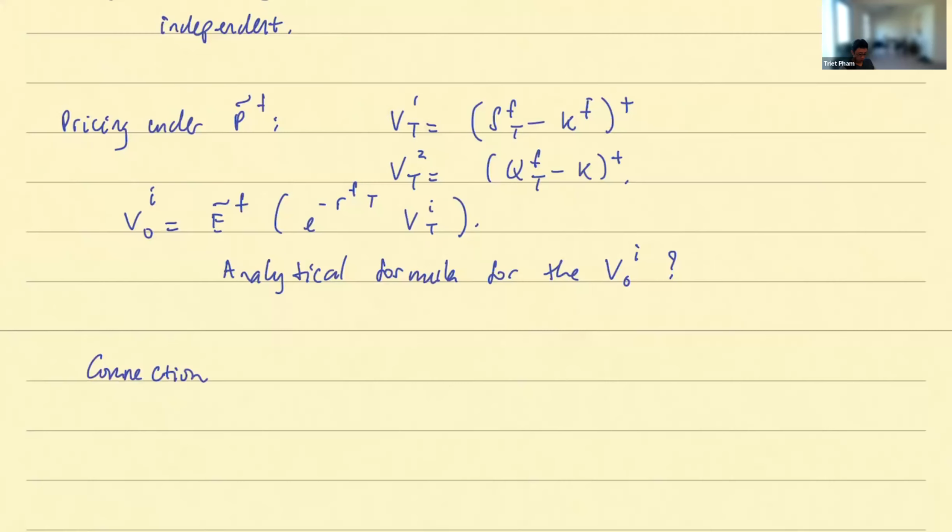In other words, what I want to say is you can just isolate the foreign market and just work under the foreign risk neutral probability itself. Never worry about the US side. But the point here is we want to see how both sides correlate to each other. So connection between P tilde F and P tilde.